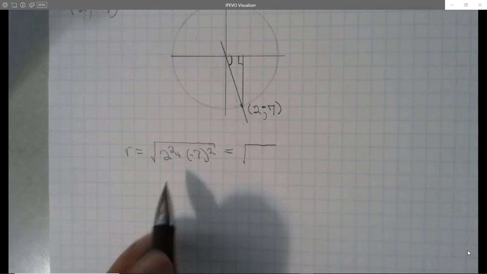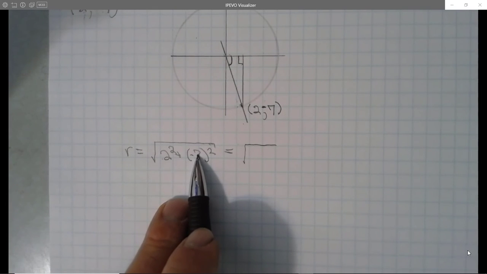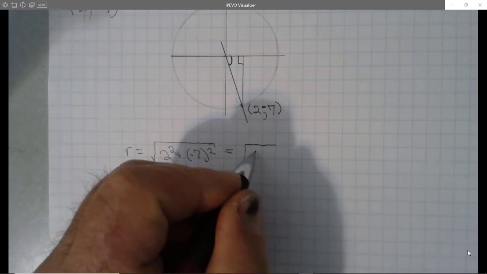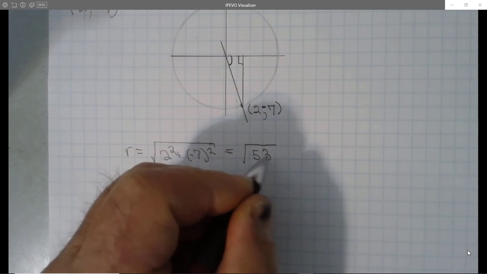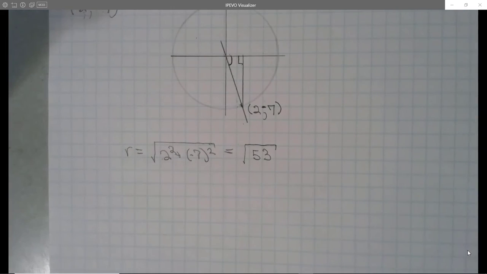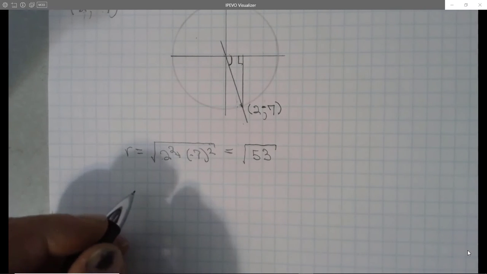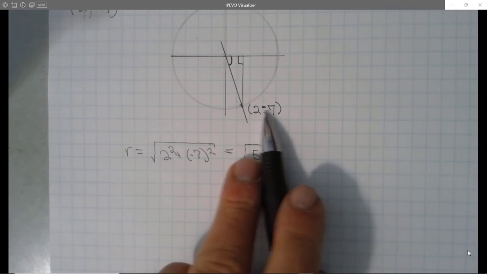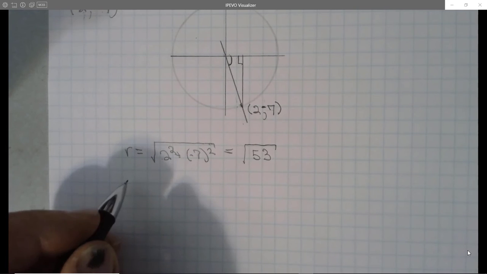And that's the square root of 4 plus 49, that's 53. So root 53 is our radius, and we can compute either the cosine or the sine. Let's take, say, the cosine this time.